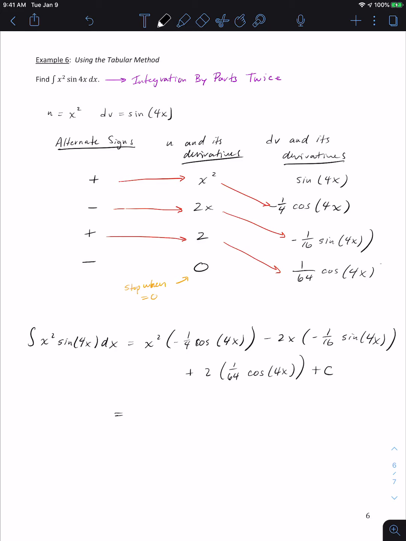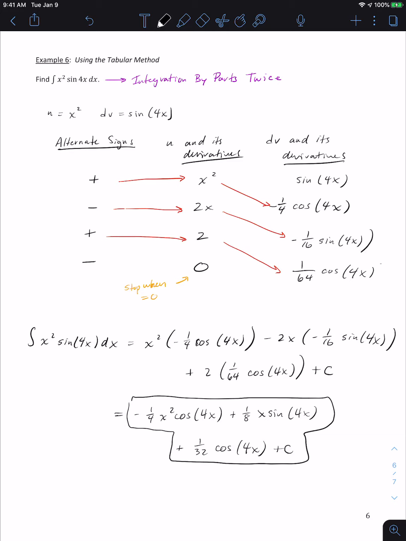Right? Simplifying this, I get negative 1/4 x squared cosine of 4x plus 1/8 x sine of 4x plus 1/32 cosine of 4x plus c. And this is my final answer here.